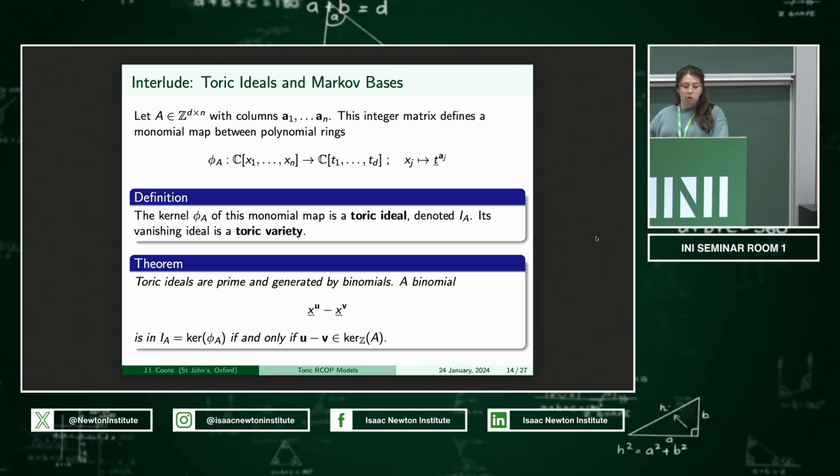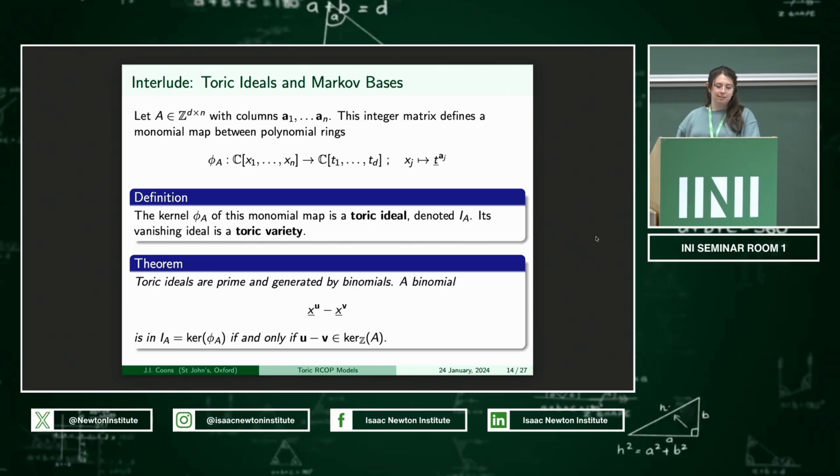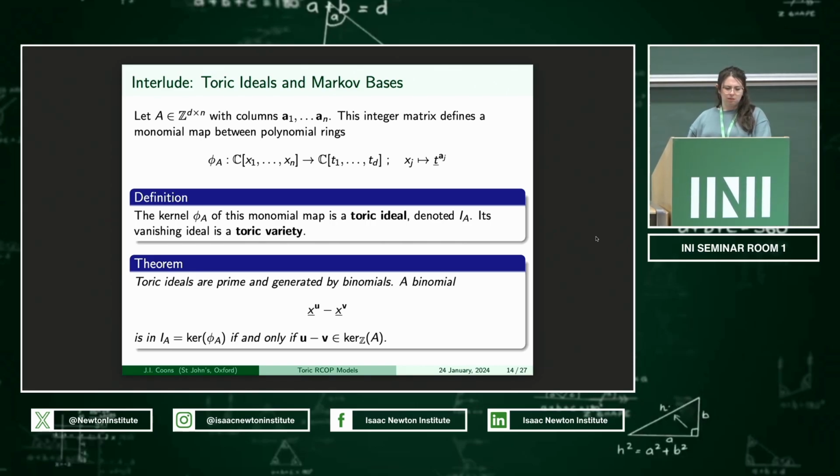So its kernel is a toric ideal, and this is the vanishing ideal of a toric variety. Sorry. And here's an important fact about toric ideals.